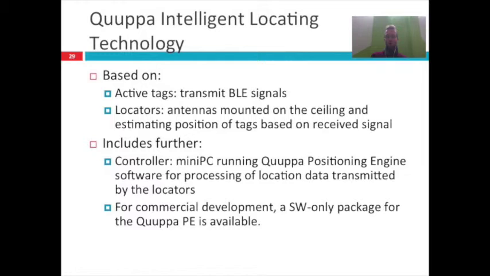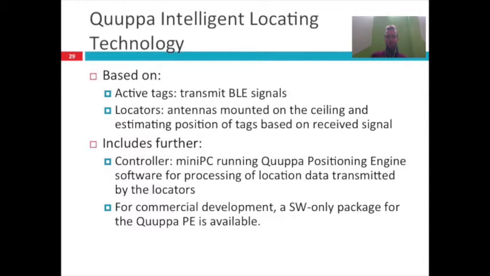Second, locators, which are antennas that are mounted on the ceiling of the environment to be monitored, and estimate position of tags based on received signal. Something interesting to remark here is that it doesn't use RSSI, but a different scheme based on direction of arrival.